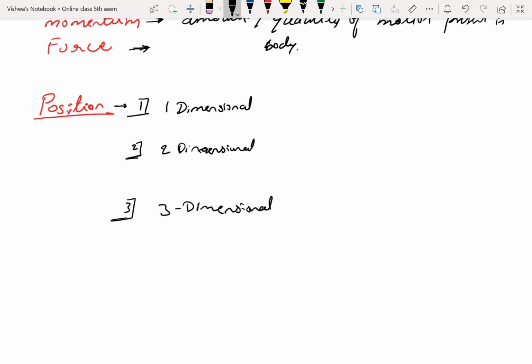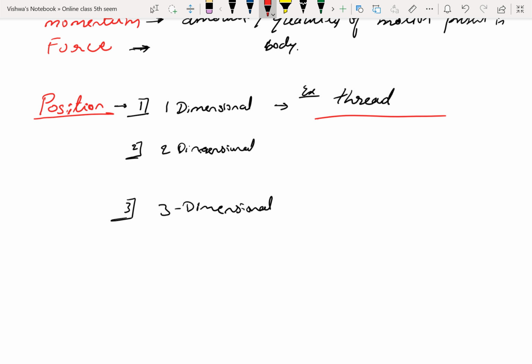Here one dimensional means, dimension you can take as a length. So here for one dimension, one length is required. One length required means, so first I am taking an example. The example I am taking is a thread or string. So this is the thread.